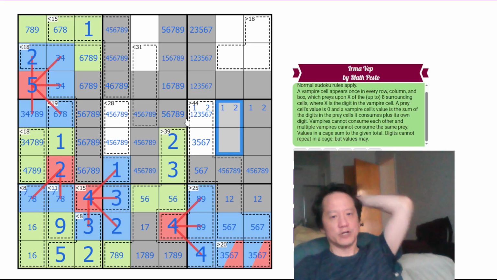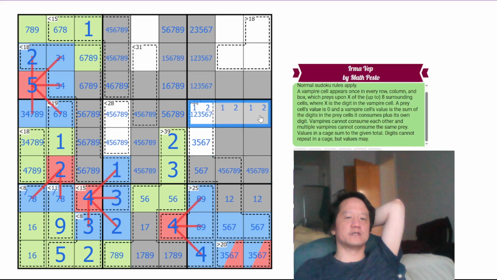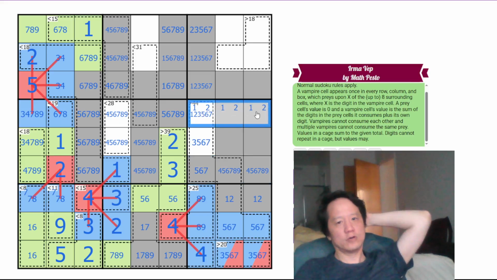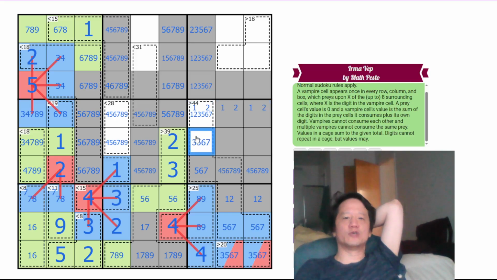Because we know 1 and 2 cannot be in rows 5 and 6. So they have to remain in box 6. They have to remain in row 4. Therefore, what's the most this value can be with this?